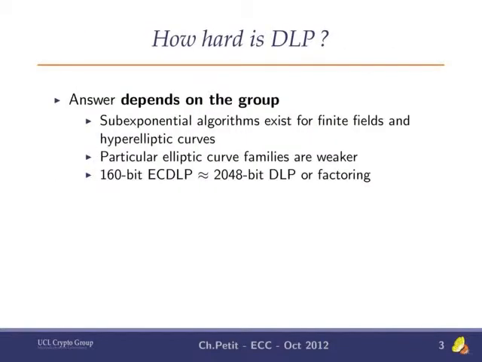Of course, we don't really know whether it's true or not, it's just an assumption, and we may wonder how hard it actually is. The answer seems to depend on the group. We do have sub-exponential algorithms for finite fields and for hyperelliptic curves, and it's also known that some particular elliptic curves are weak.